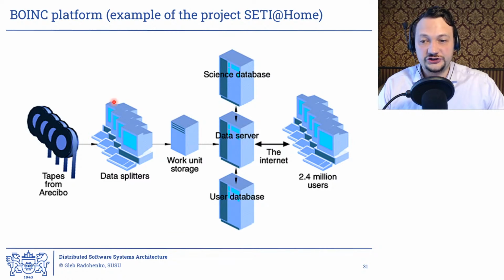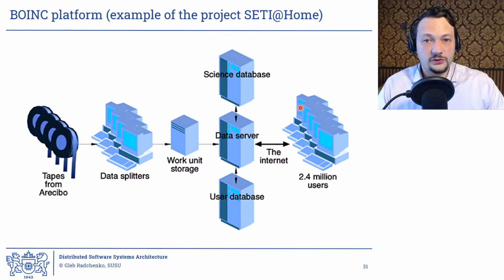Each of these chunks is stored in the database that allows you to distribute it in this data server, which works as a mediator between the huge data that you gathered and millions of users that would like to process this data. When a user arrives to the network, he or she asks the data server to give it a chunk of data. The server provides the data to the user, and the user starts to process the data.